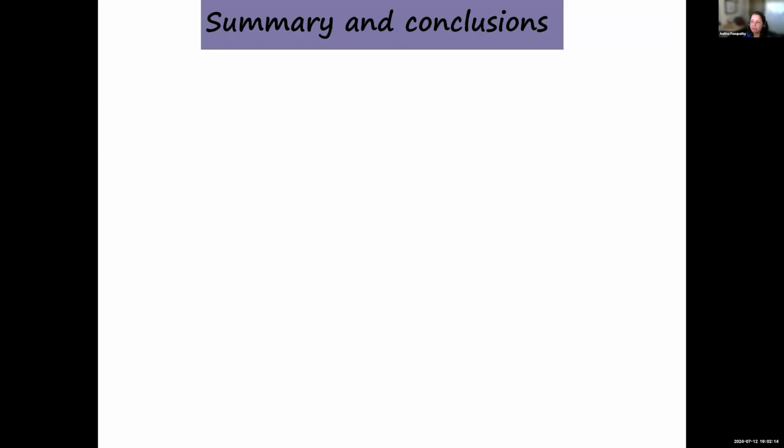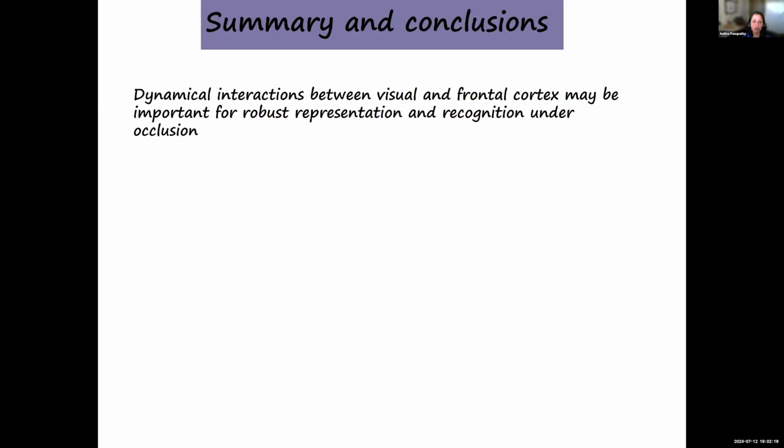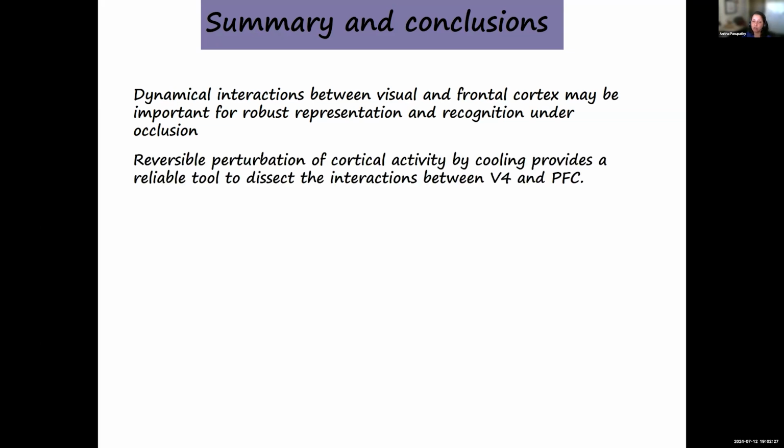So with that, let me summarize. So we hopefully have a few minutes for questions. So we think that dynamical interactions between visual and frontal cortex may be important for robust representation and recognition under occlusion. We're using reversible perturbation to try and dissect the interactions between V4 and PFC.